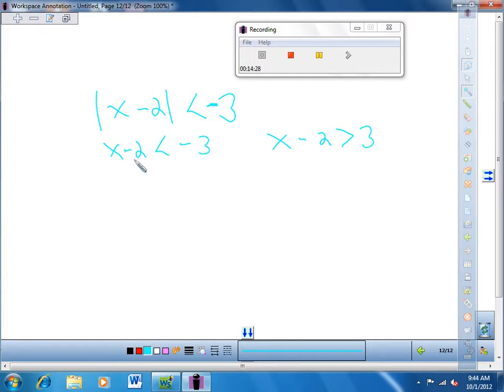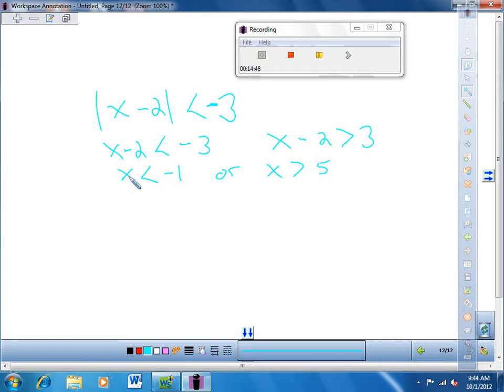And then I get x is less than negative 1, or x is greater than 5. Right? And that's because I added 2 to both sides.